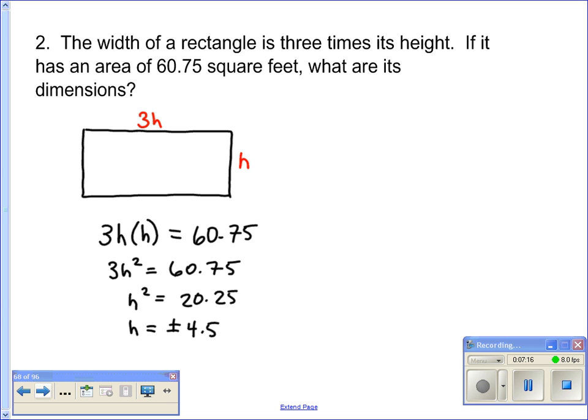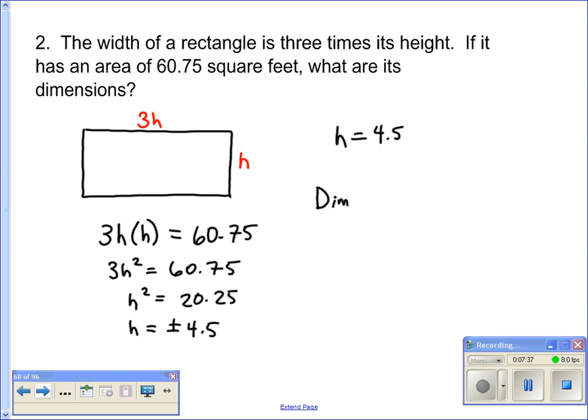Now, we know in this case, since h is height, the only thing that we're going to get is that h is equal to positive 4.5. It could not be negative in this case. So if h is 4.5, then 3 times h, or your width here, is going to be 13.5.